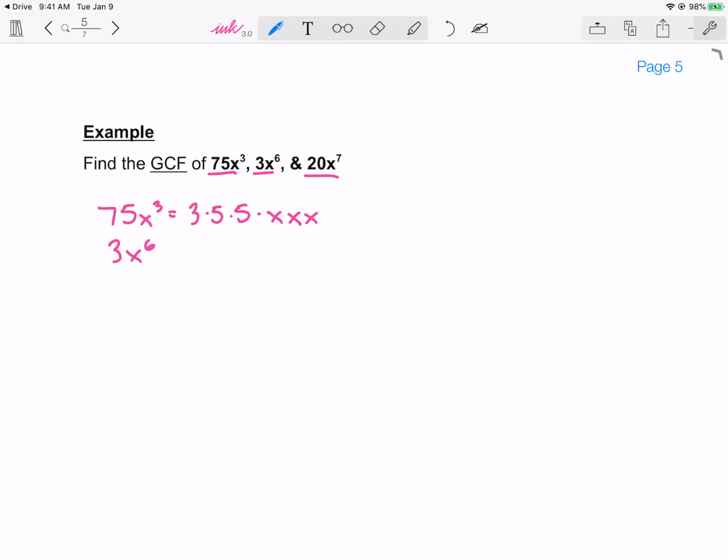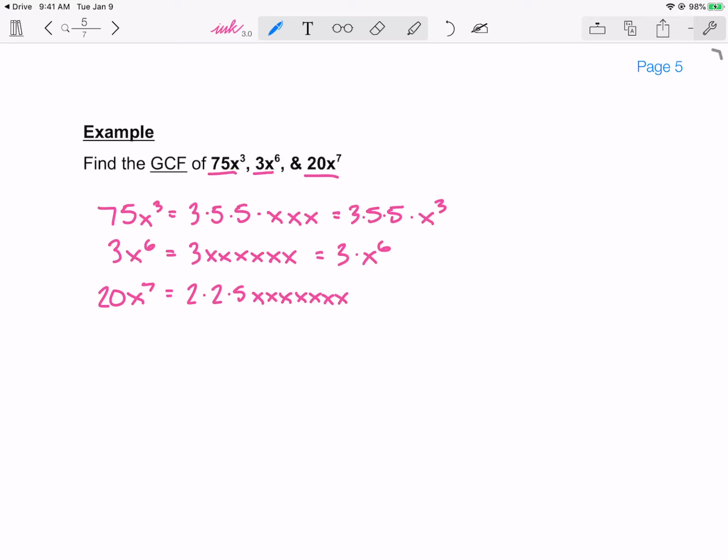Well, we saw before that 3 is prime, so this is just 3, and then 6 x's. 20 is equal to 2 times 2 times 5, and then there's 7 x's, or you could write it as 2 squared times 5 x to the 7th.